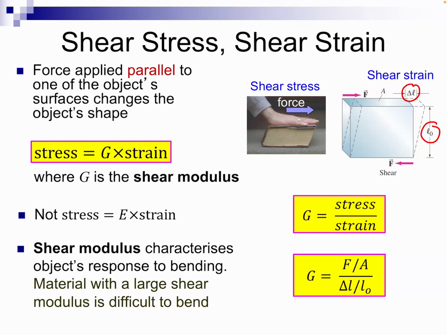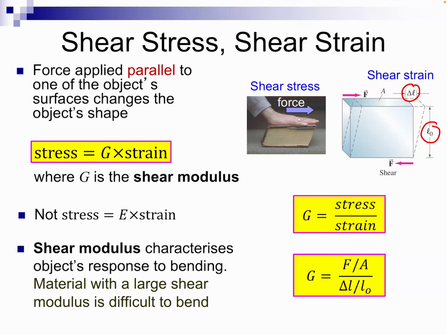Then you have stress being applied throughout the volume of the object. We distinguish this amount of stress by calling it bulk stress. Bulk stress is applied to all surfaces of the object, and the corresponding result of bulk stress is to change the volume of the object, because it's like squeezing the object on all sides.